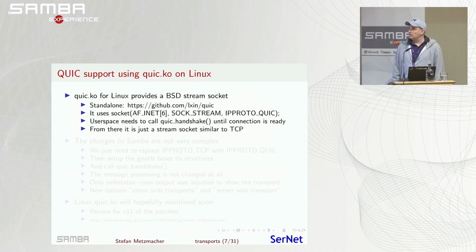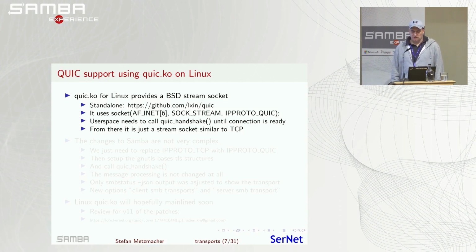So, having QUIC support in Linux is something that's on its way. There's a QUIC KO module that provides basically a BSD stream socket for QUIC support, and it will just use the normal socket API with IPPROTO_QUIC instead of IPPROTO_TCP.